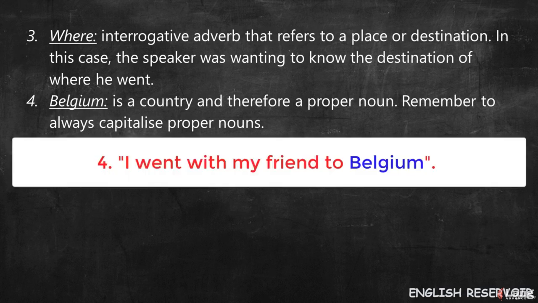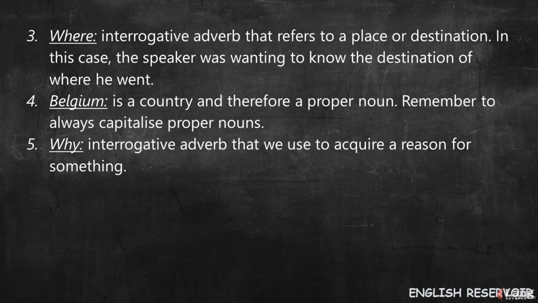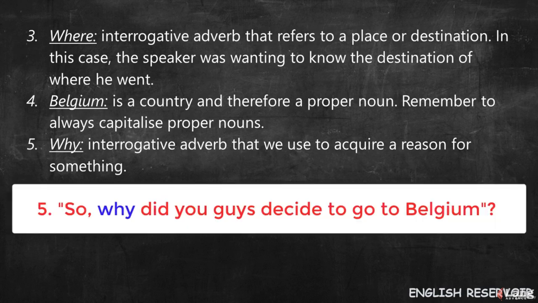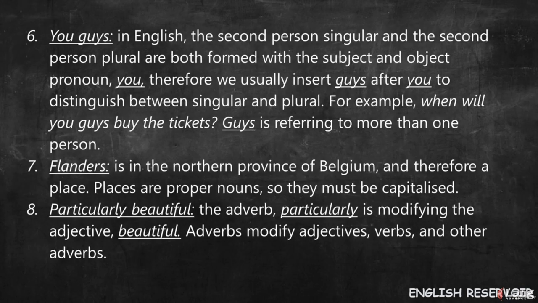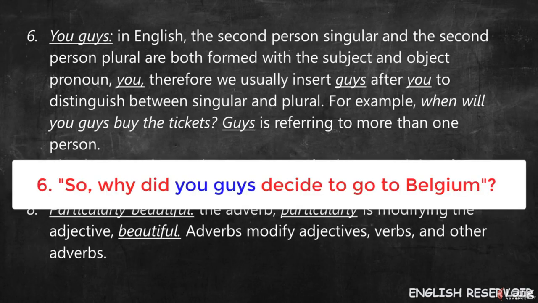4. Belgium is a country and therefore a proper noun. Remember to always capitalize proper nouns. 5. Why. Interrogative adverb that we use to acquire a reason for something. 6. You guys.